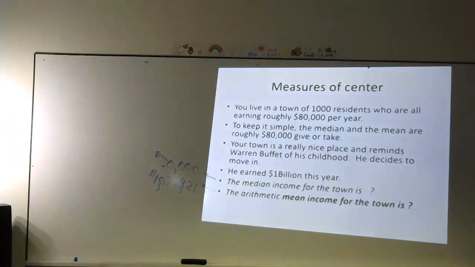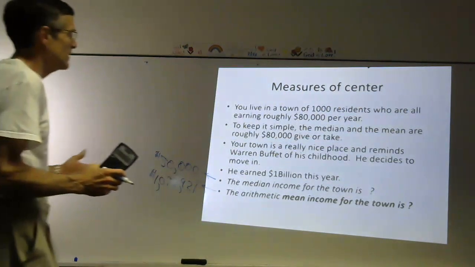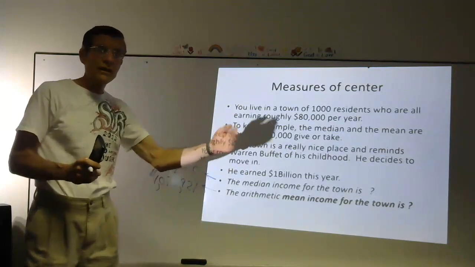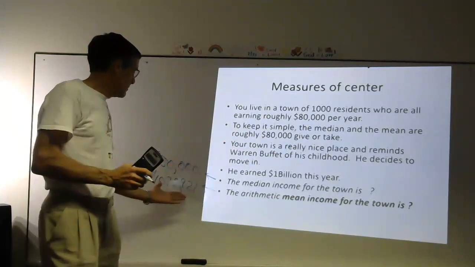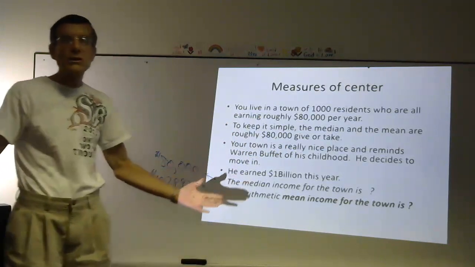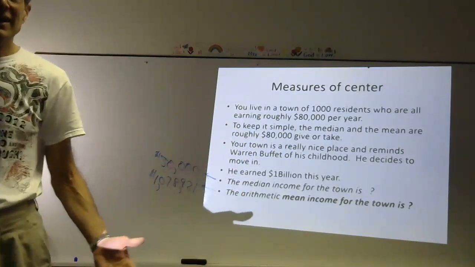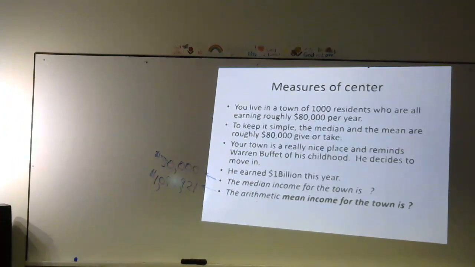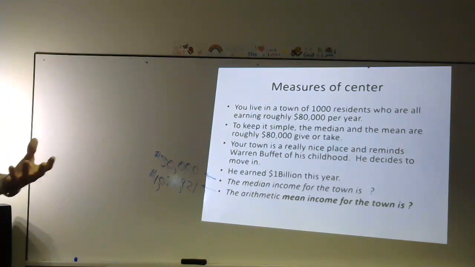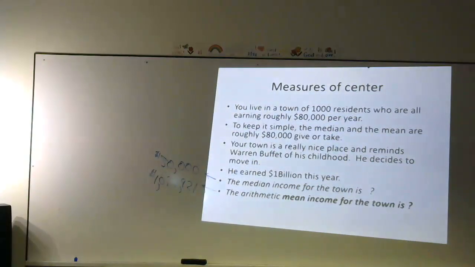With Warren Buffett's $1 billion, remember how we said that a mean is not resistant to extreme values? What is happening is the mean has moved toward that extreme value, and it makes it look like the average income of the town, everybody's a millionaire, right? You've got to understand this with statistics so you can look at statistics given in the media and understand what is going on here, okay?